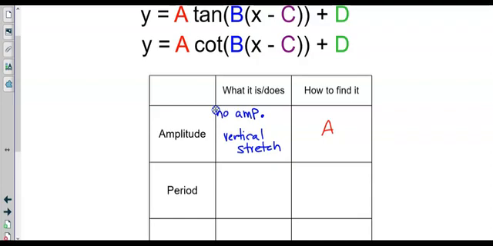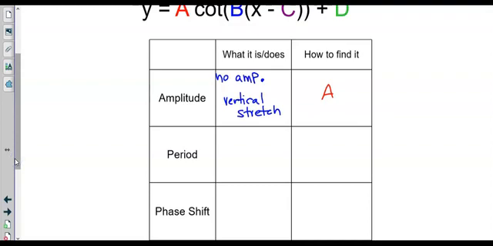Now, this is important. The period here is different than it was with all of our other ones, with sine, cosine, secant, cosecant. It is no longer 360 degrees. It is 180 degrees. Okay? So it is the length of your cycle, but it is 180 over b, or pi over b.